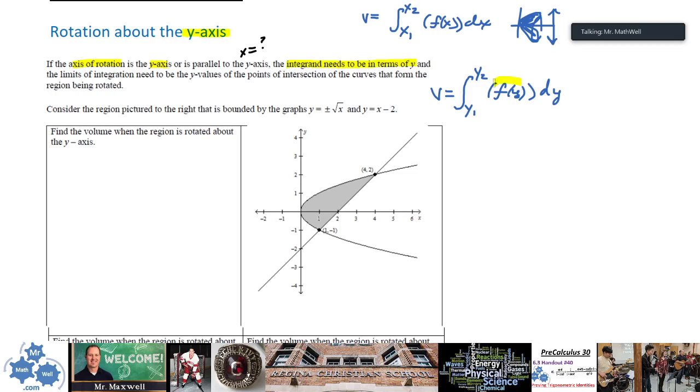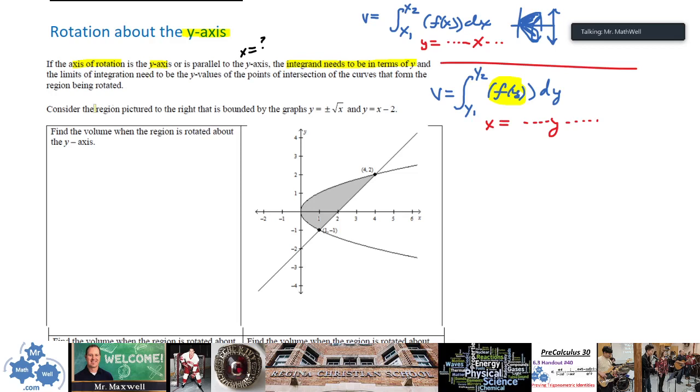Up here, normally we have y equals something involved with x. Well, here this is going to be x equals something involving y. So we need to isolate for x here. Everything is opposite.